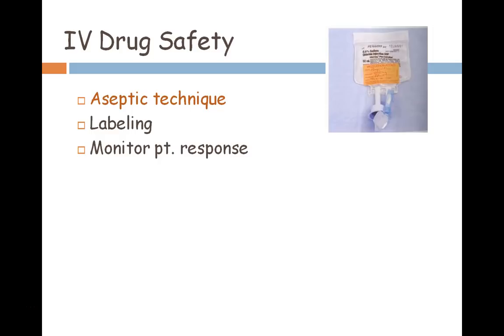Any bag of medication or syringe with medication in it needs to be labeled before it leaves the med room. And you can see the orange medication label on the IV bag in this picture. And we need to monitor the patient's response a little closer than we would with other medications, especially if it's their first dose of it. We want to stick with them and see how they react to it.